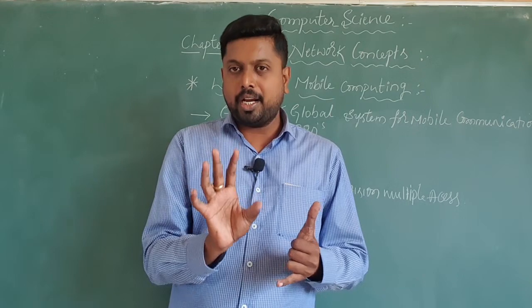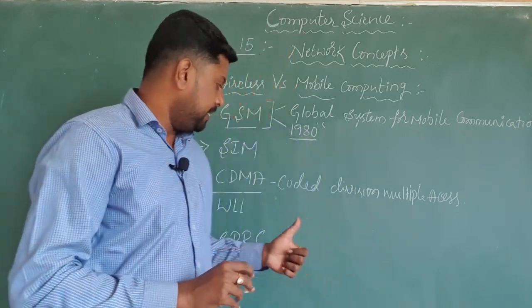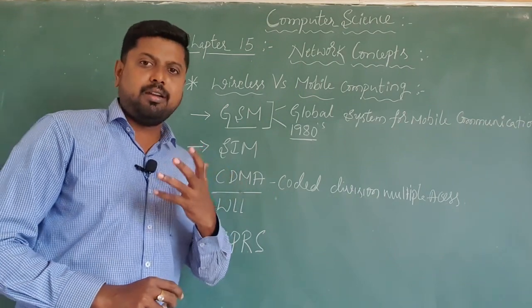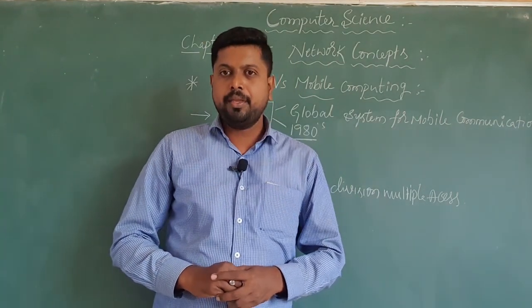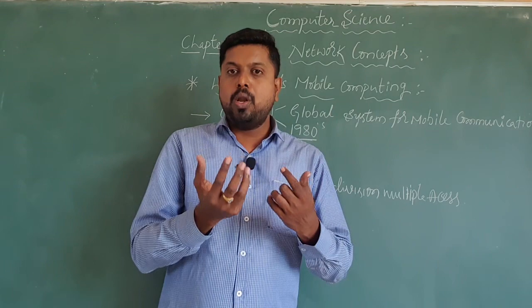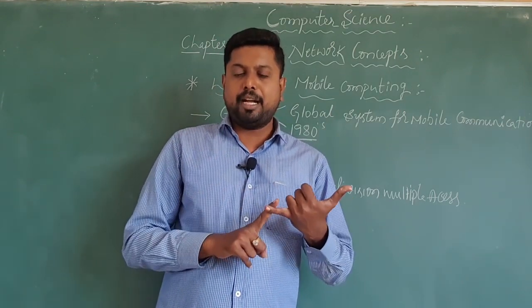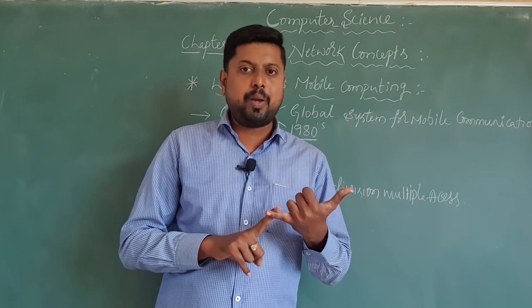That kind of technology is what we call CDMA, Code Division Multiple Access, because it is a short type of technology. It has its own limitations. Phones having CDMA technology use spread spectrum technology.